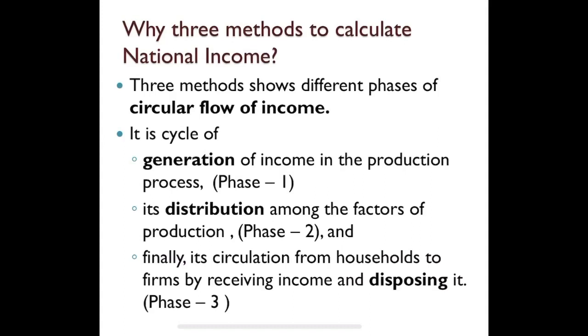This means whenever you are producing something, you are generating a product, so then you will distribute to the factors of production, like you will pay them something, and the amount they get, they will use to buy commodities. That means they're disposing of their income. So these are the three phases of the circular flow of income.